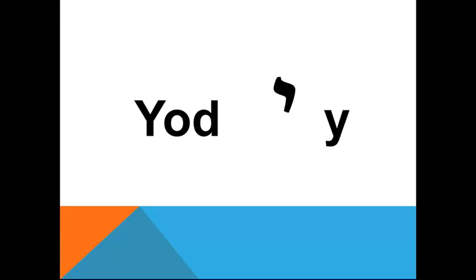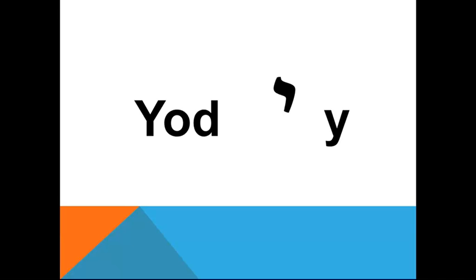Since the Germans did a lot of this early language work, they transliterated it with a J, which is where we get the idea of Jehovah. At some point perhaps I'll talk about how Jehovah is kind of a strange word that takes two different words and blends them together.